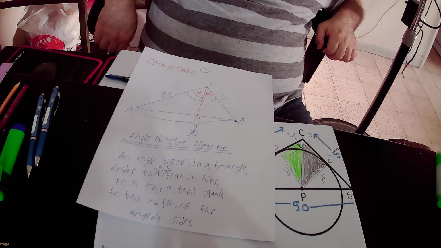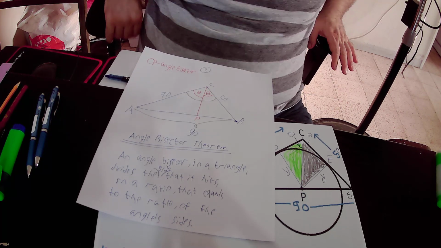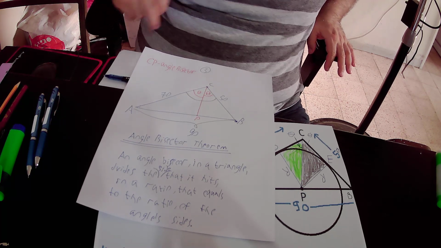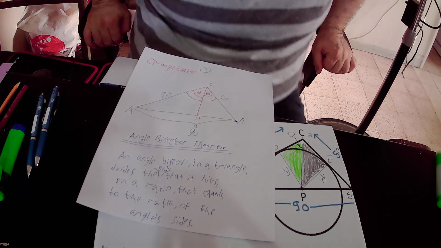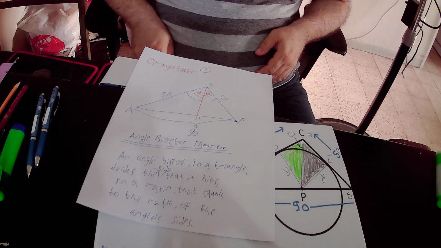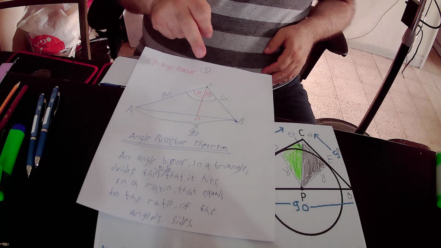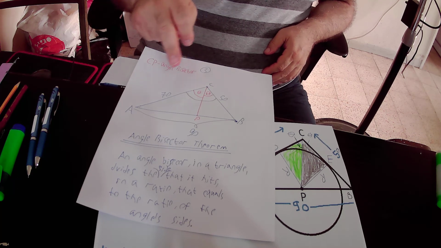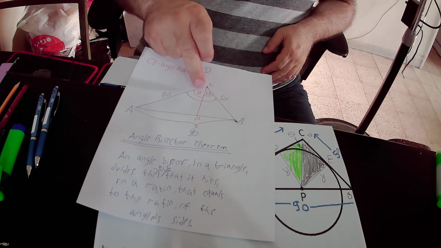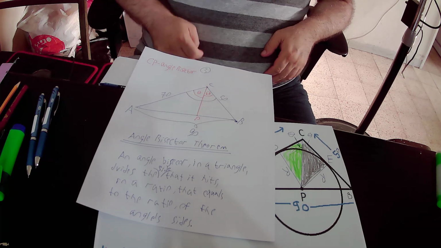An angle bisector, that is to say, in our example is CP. CP is angle bisector because it divides angle ACB into two halves. This is the first half and this is the second half.